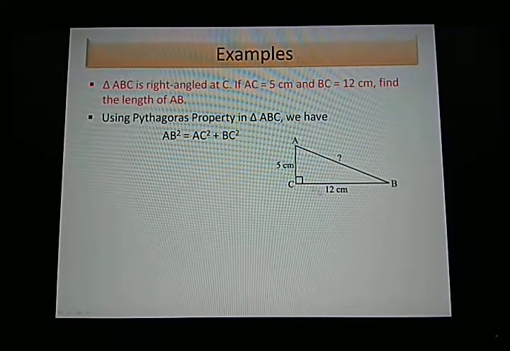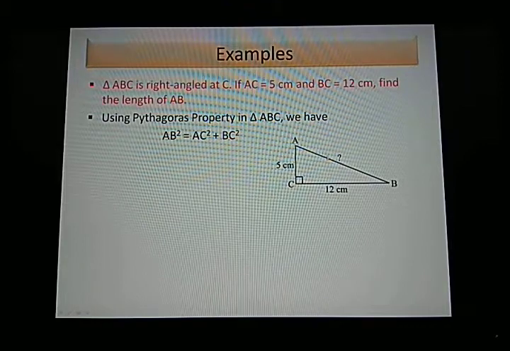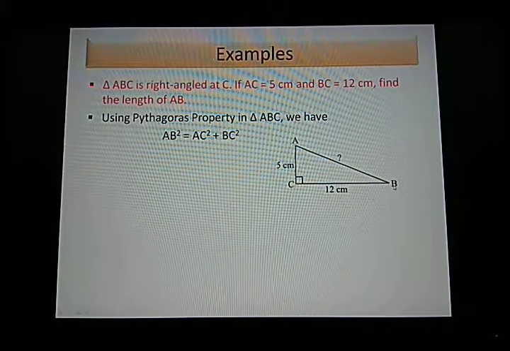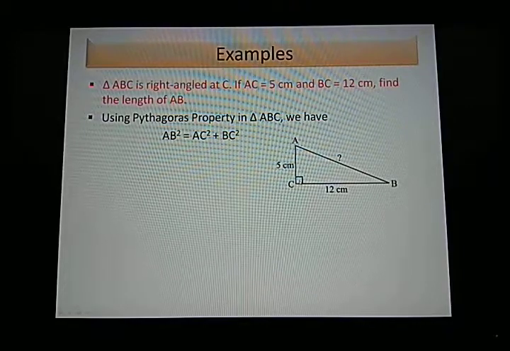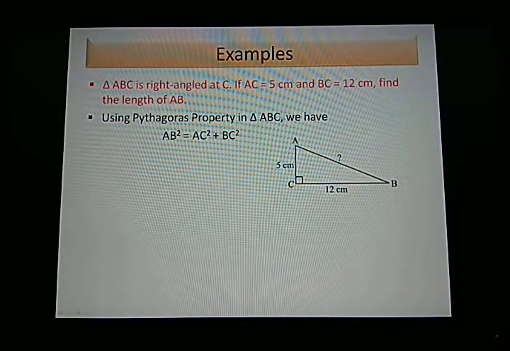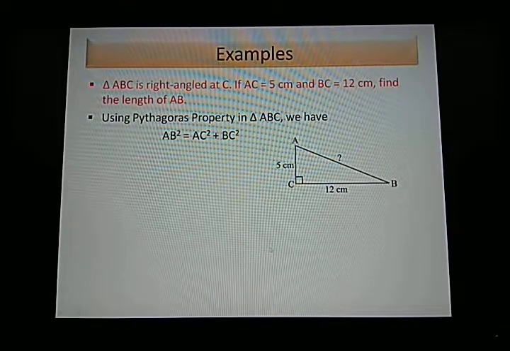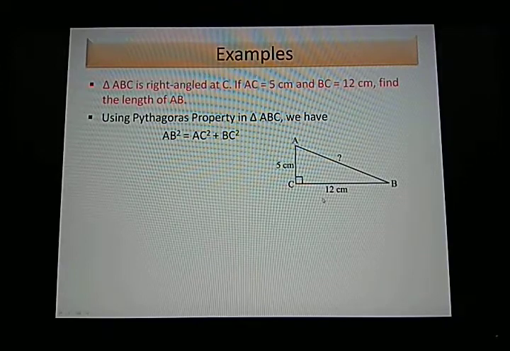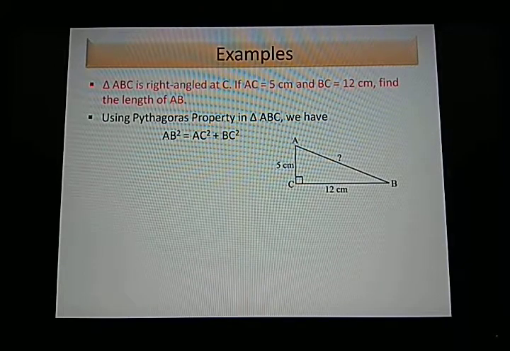So even if you interchange them, that is not a big deal. But yes, the hypotenuse, the side which is opposite to the right angle, will always be the hypotenuse. But you can interchange the base and the perpendicular height. That will not cause any kind of problem.